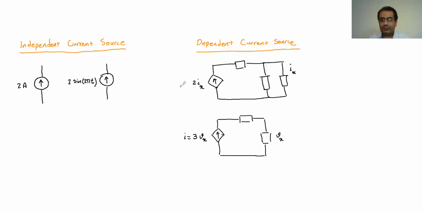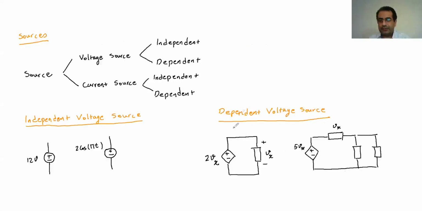For example, if here I was talking about this, here also we might have another one, for example, this is positive, negative, and then go ahead, something like that. And for example, if this is the Ix, then come here and say the voltage is 2Ix.